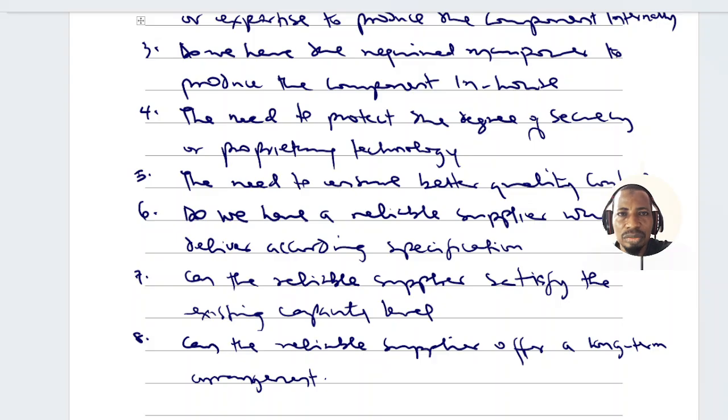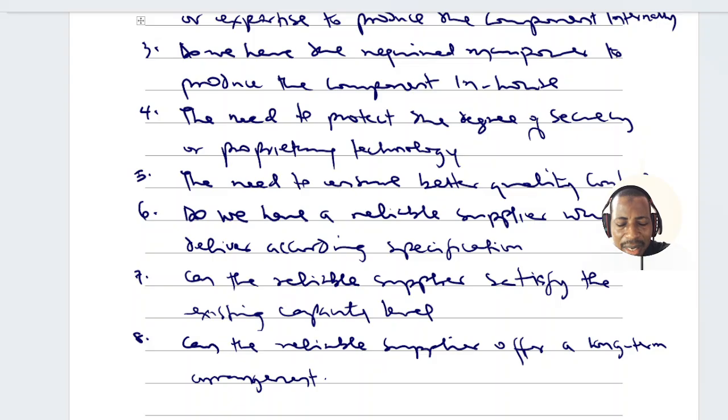Okay, so when you say our company, you're also internalizing it. Can the reliable supplier satisfy the existing capacity level of 40,000 components? That's another factor. Can the supplier offer a long-term arrangement?